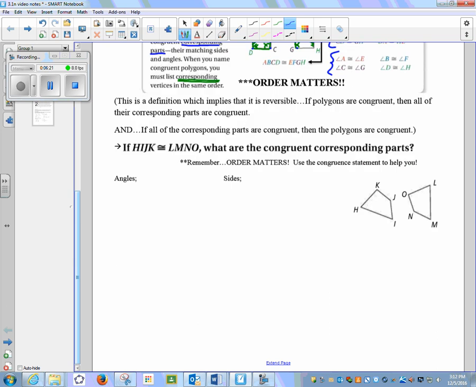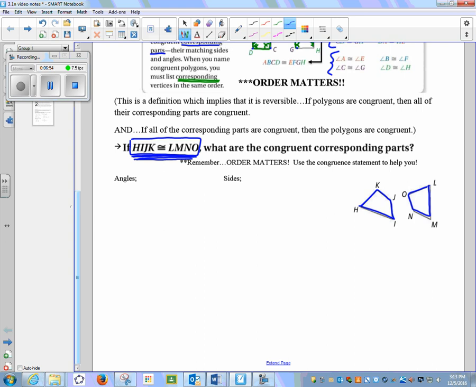If all of the corresponding parts of these two quadrilaterals are congruent, we can list them as congruent statements. So this congruent statement they give us, HIJK, that's right here, HIJK is congruent to LMNO. Well, the order that they wrote that in, if it's a congruent statement, order matters, remember.